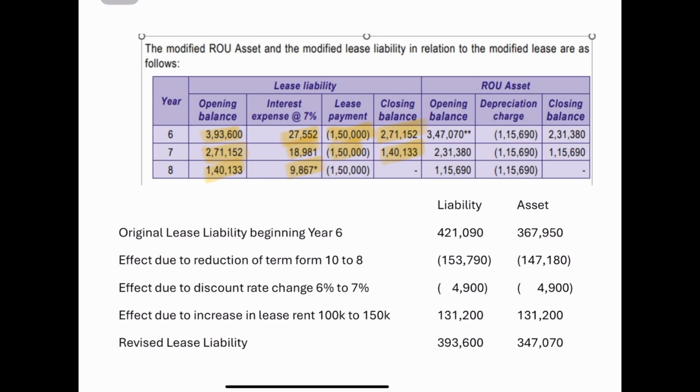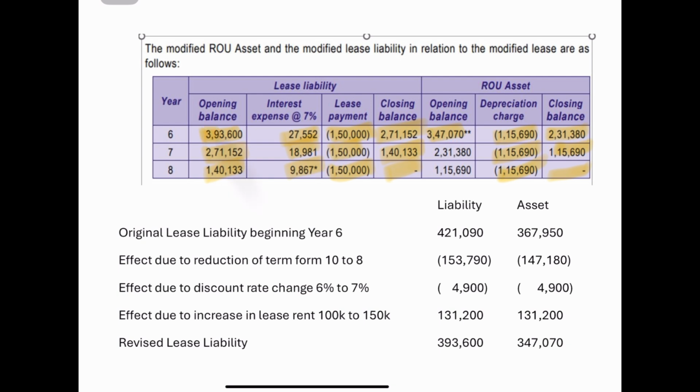On 140, 7% is 9,867. So now we are paying fully 150,000, so your closing ROU liability will become 0. Similarly for the ROU asset, you have to start at 347,070, and then you are depreciating equally over the next 3 years. So at the end of the 8th year, you will have a closing ROU asset of 0.